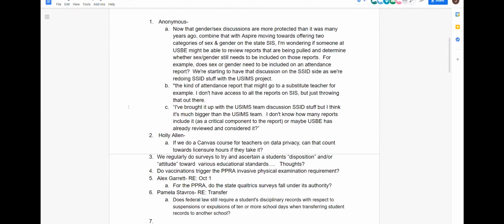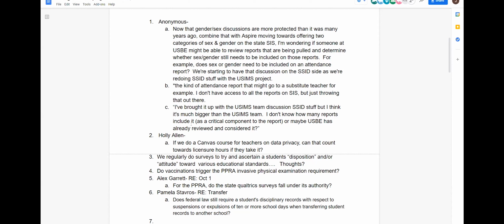So this is definitely hitting on our law a little bit, but outside of just making that PPRA Utah FERPA point, I think you're right. It's bigger than PPRA, it's bigger than USIMS. And I think it's good to have on our radar, but I'm not really prepared to say more than that on just the legal side of the privacy laws.